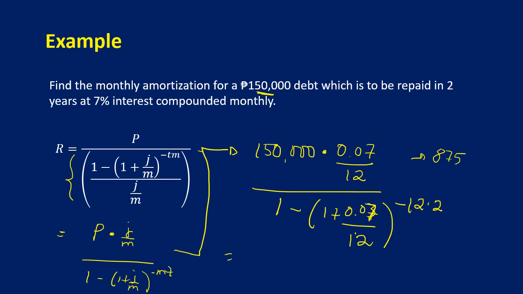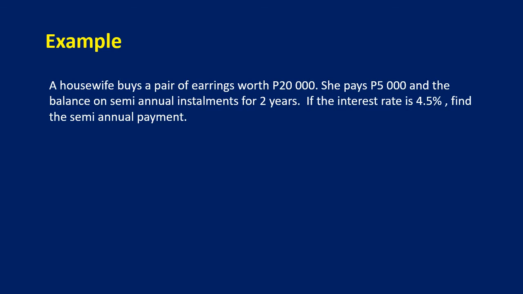We now divide that by 1 minus 1 plus quantity 0.07 over 12 raised to negative 24. There you go. So the answer is 6,715.89. Alright?